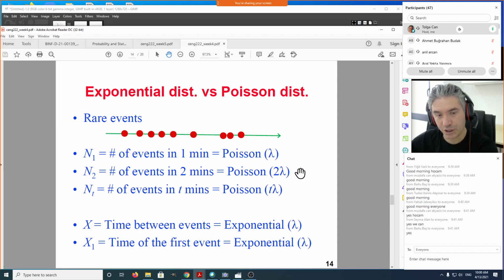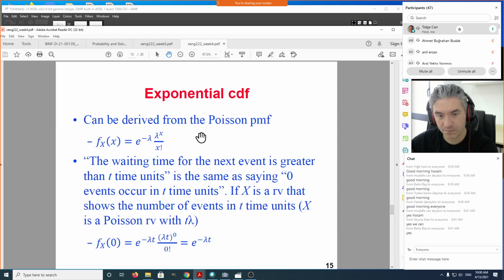We don't change this lambda depending on how much time we have waited. And this was the Poisson PMF, if you remember, and the PDF and the cumulative distribution function of the exponential can be derived from this, which is from this statement, which we covered last time, if you remember.